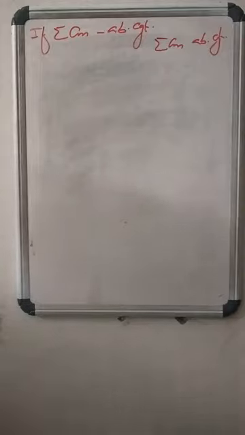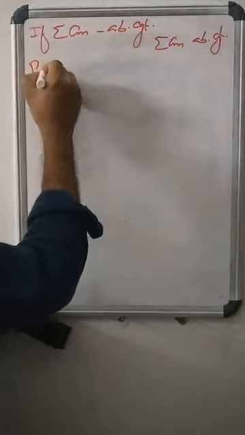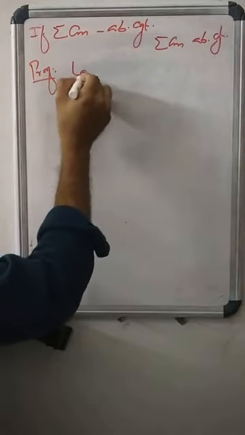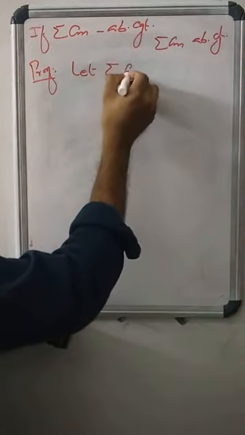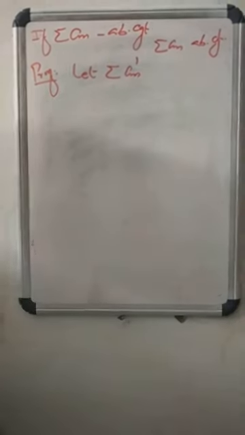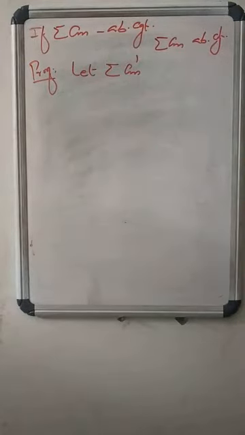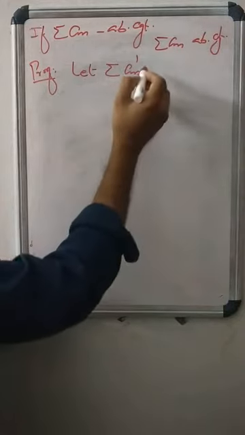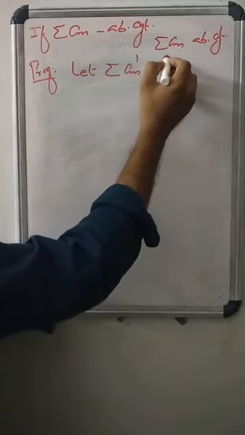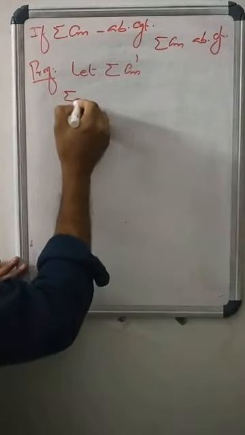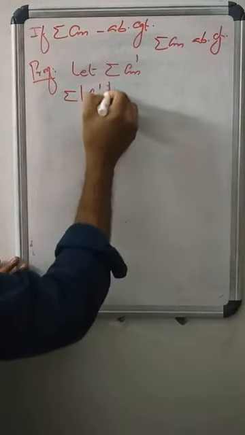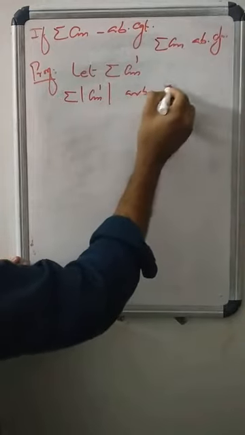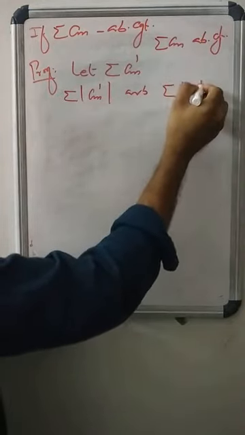How? Let sigma an dash be an arbitrary rearrangement of sigma an. Then sigma mod an dash is an arbitrary rearrangement of sigma mod an.